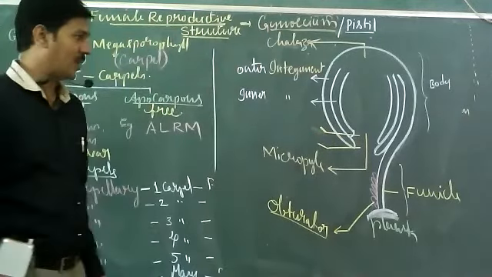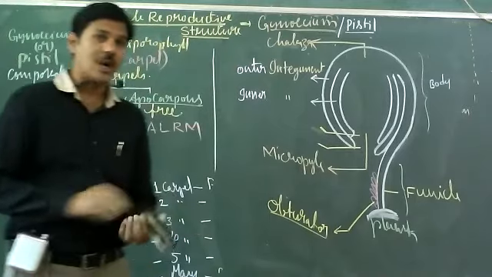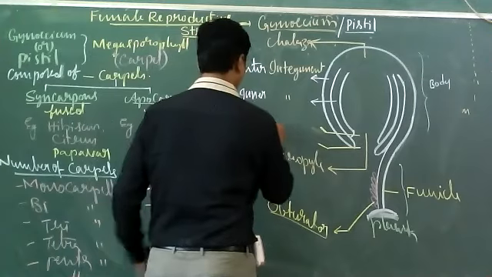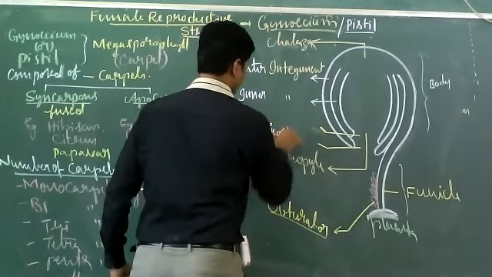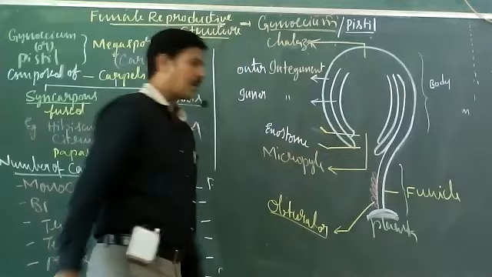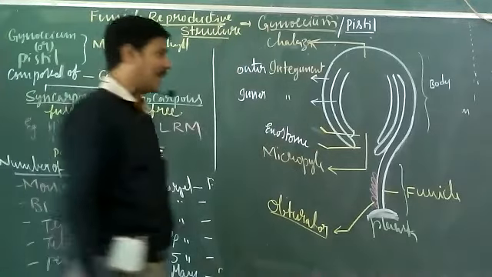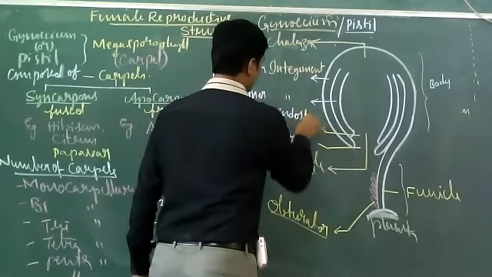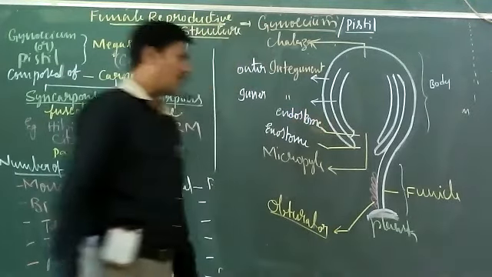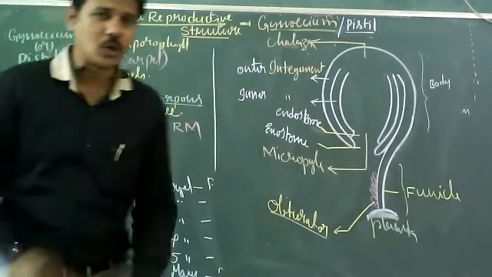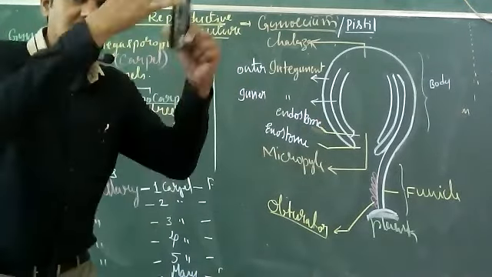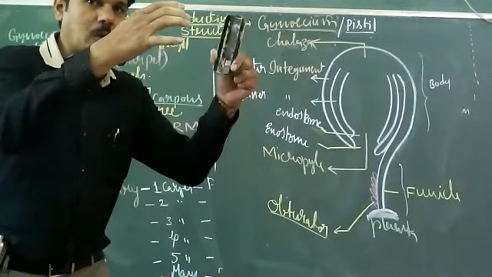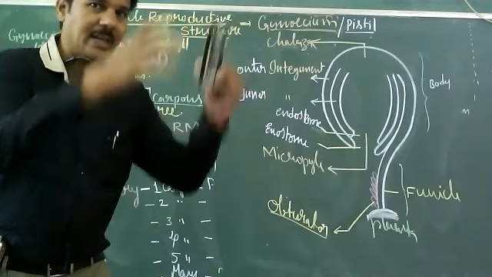The space between the outer integuments is called exostome. And the space between the inner integuments is called endostome. Exostome, endostome. What is exostome? In the opening gap, there is a gap in the outer integument and a gap in the inner integument.